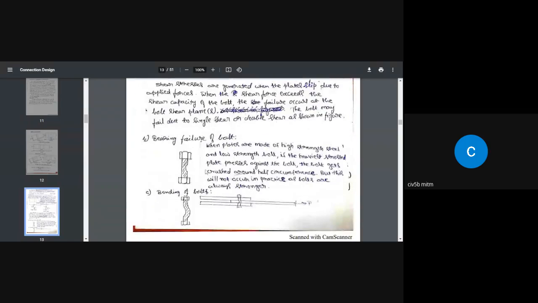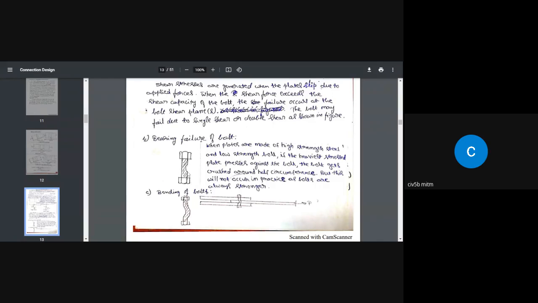When the plate presses against the bolt, when it is subjected to compression or tension, the bolt may fail like this. This is called bearing failure of bolt. This is also very important, and we are going to consider it when we design.